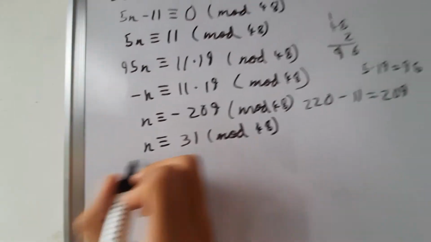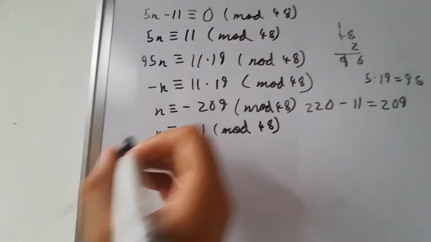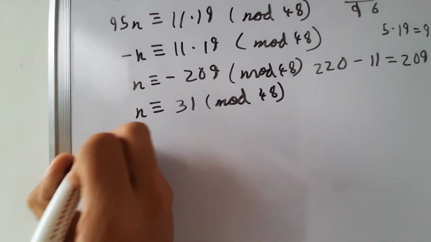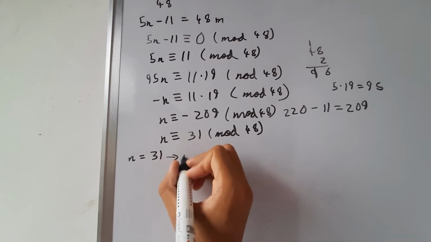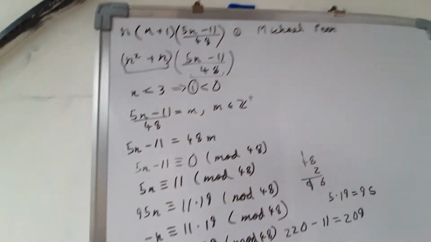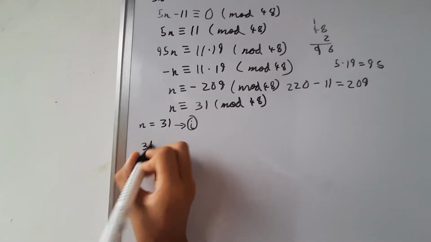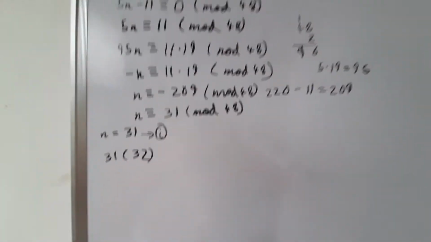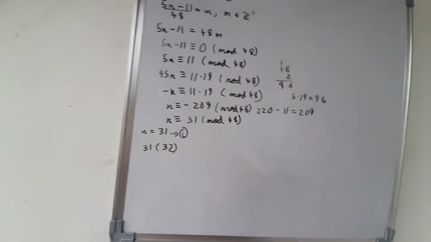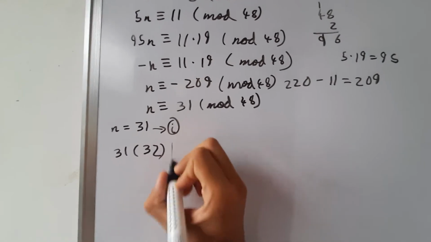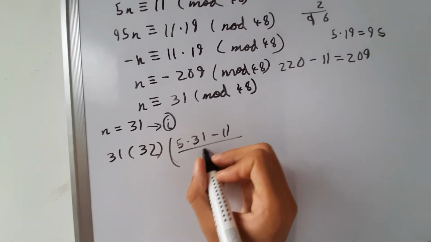So the smallest natural value for n: n is equal to 31, and let's plug that back into our equation 1. So we get 31 times 32, times 5 times 31 minus 11 over 48.